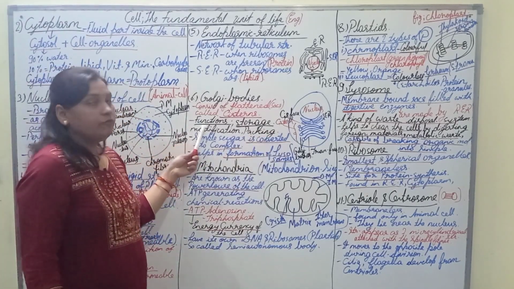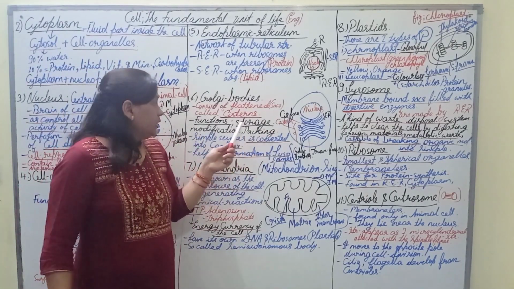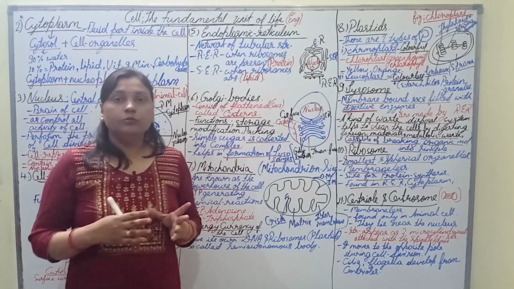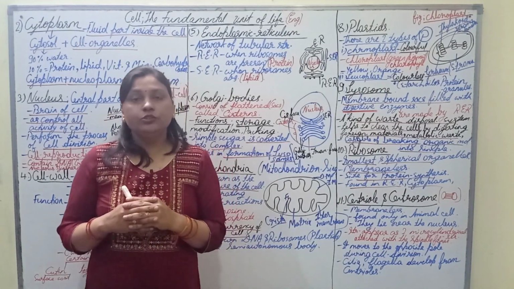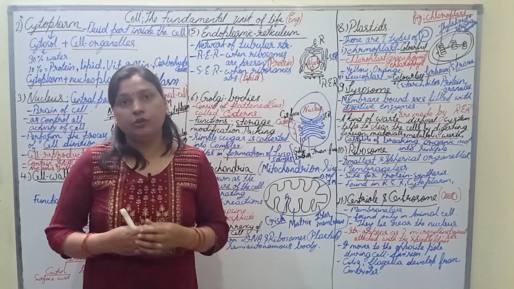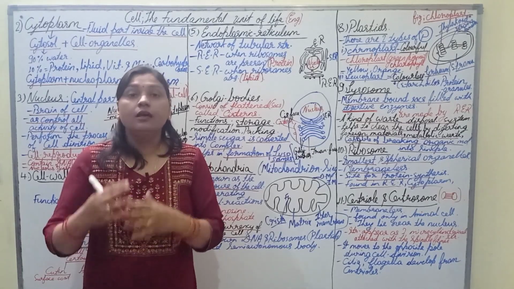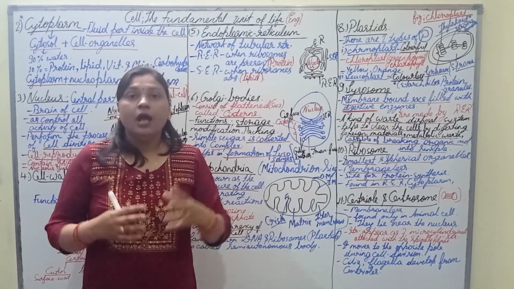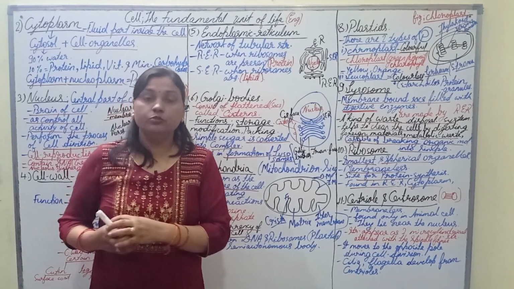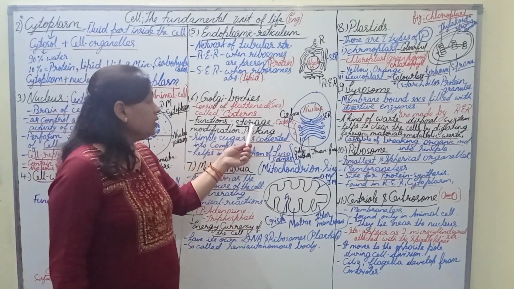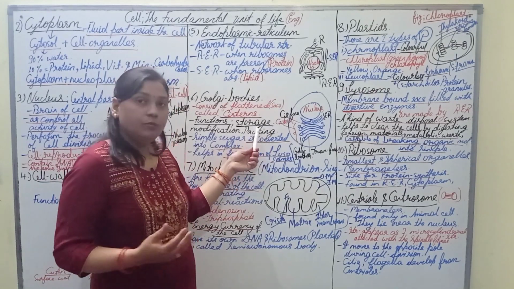Now let us see the functions of Golgi bodies. Its main function is storage. Golgi bodies have connections with the endoplasmic reticulum. The lipids and proteins synthesized in the endoplasmic reticulum are further transported to the Golgi bodies, and the Golgi bodies store these lipids and proteins.